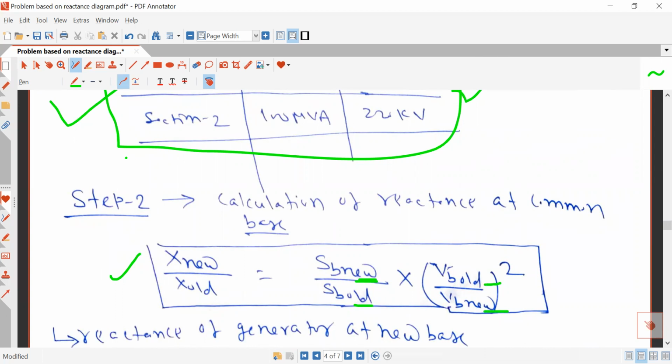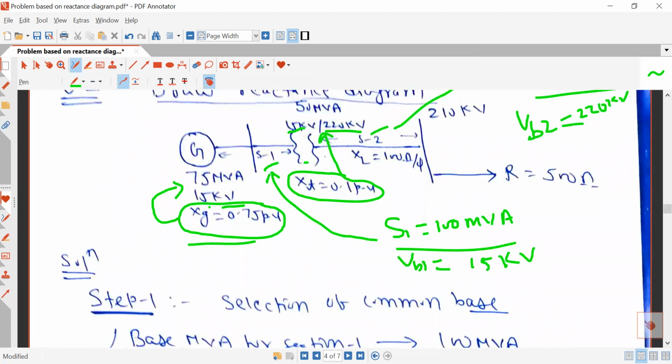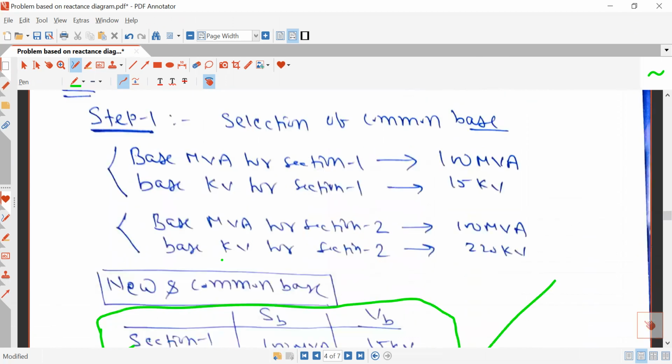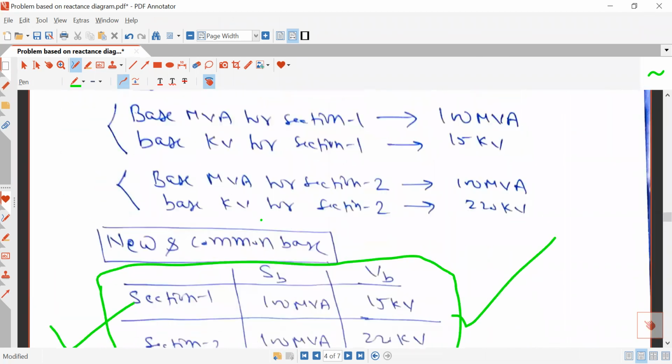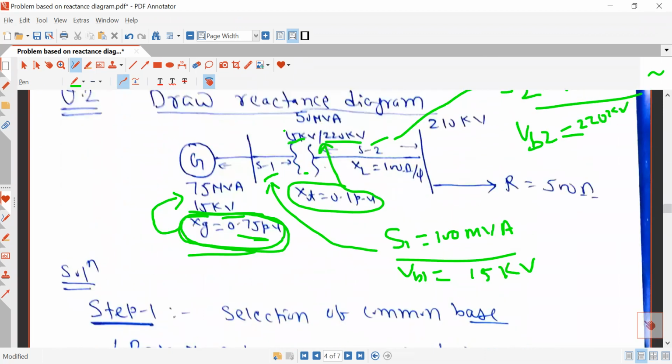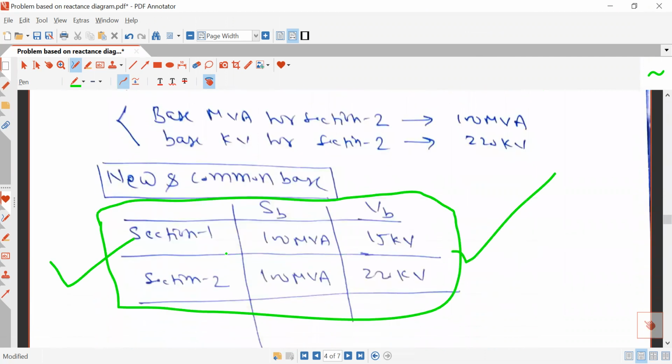So first I am going to convert the base value of the reactance of the generator. The old value is 0.75 and this generator is a part of section 1. So the new value of bases for this generator will be this. You must remember this.